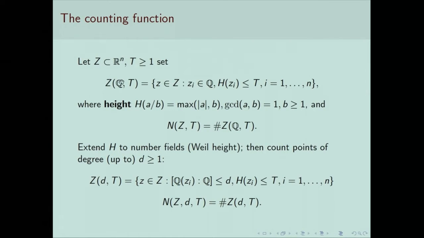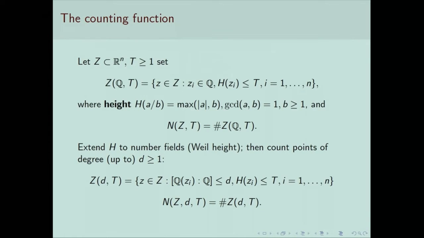We're now going to take, for the moment, an arbitrary set Z in R^n and a height parameter T. Z(Q,T) will denote simply the set of points on Z which are rational, where each coordinate is rational and has height at most T. The very naive height of a rational number is the maximum of numerator and denominator in lowest terms. And then the counting function N(Z,T) will simply be the cardinality of that set of points.